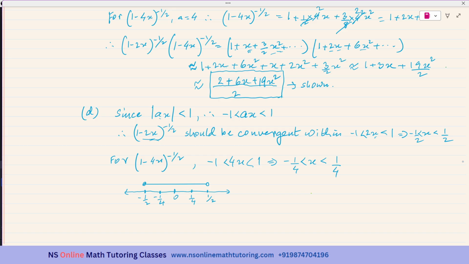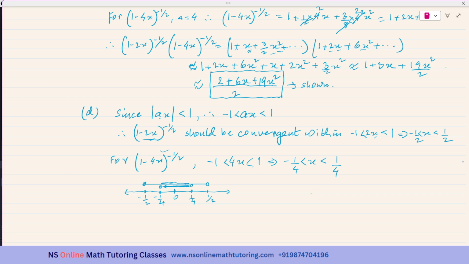These are two hollow circles. Okay. And for the 1 minus 4x raised to the power of negative half, this portion is taken. Okay. So because I am multiplying both of them, I have to take the region which is common to both of them. And which region is common to both of them? This part. Okay. Because for this part, this arrow is not there. This part is present in this line also.